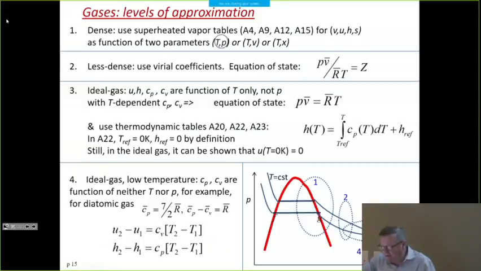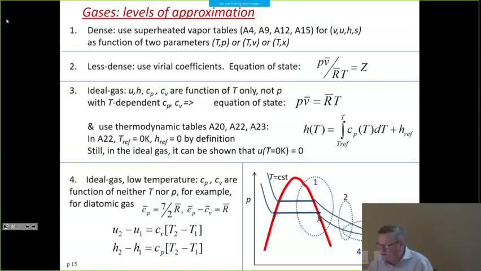You need two parameters: P and T, T and V, T and X. If you move out and you get mildly here, you can use your variable coefficients. Or you can go further and further out.